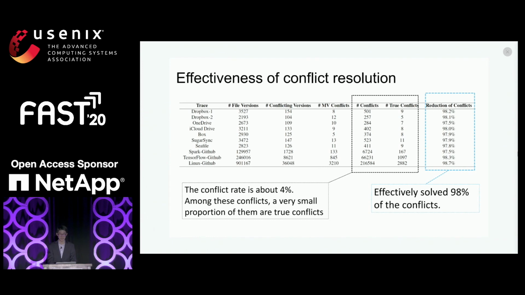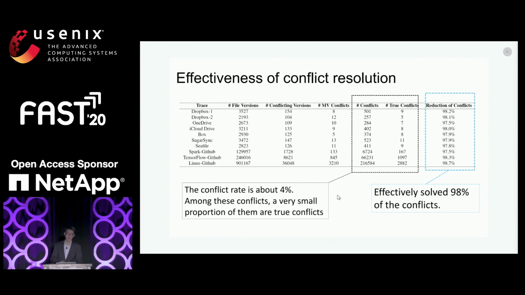No, I mean that. Yeah, down at the lower left there, you say the conflict rate is 4%, and a lot of them are false conflicts. So I guess when you say 4% conflict rate, are you saying just that a conflict is any time 2 people update the same file?